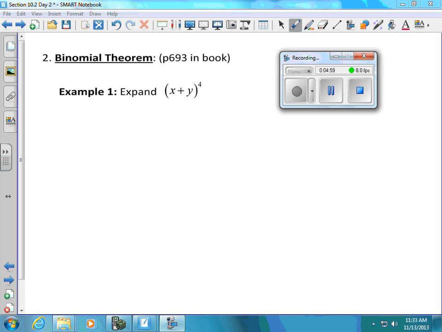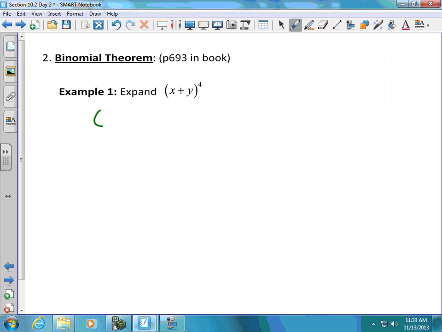So, x plus y to the fourth. What that really means is x plus y times x plus y times x plus y times x plus y. And what we've had to do in the past is we foiled this over and over and over again. There is another way to do it. Okay? What we're going to do is use Pascal's triangle. So we're going to expand x plus y to the fourth.